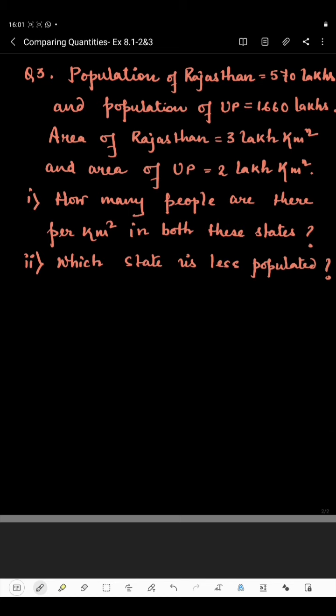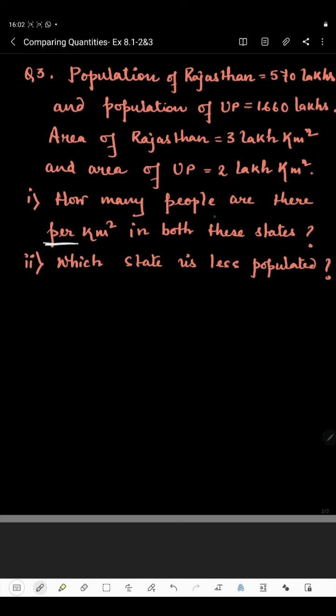So here we have been given the population and area of these two states. In the first part, we have to find how many people are there per kilometer square in both these states. This means we will have to find per kilometer, that is 1 kilometer, how many people are there in 1 square kilometer in both these states.